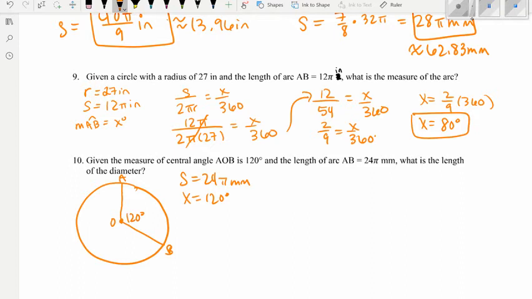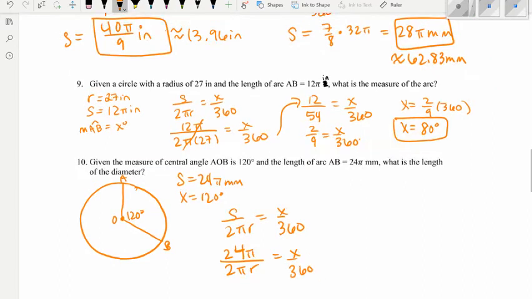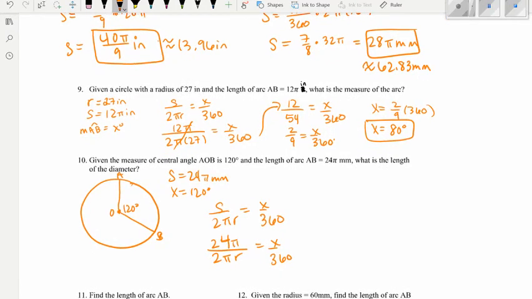So in this case, we can set up our equation. So we have s over 2 pi r equals x over 360. So we get, in this case, 24 pi over 2 pi r equals x over 360. And of course, we can see that the pi's are going to cancel out right here.